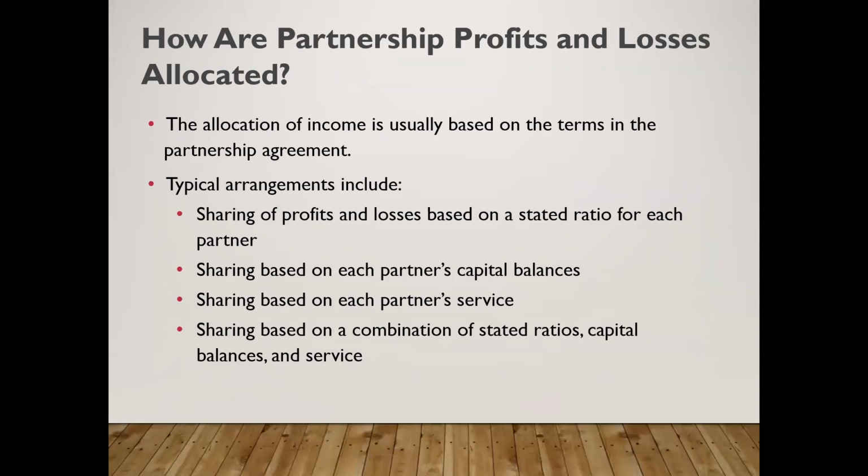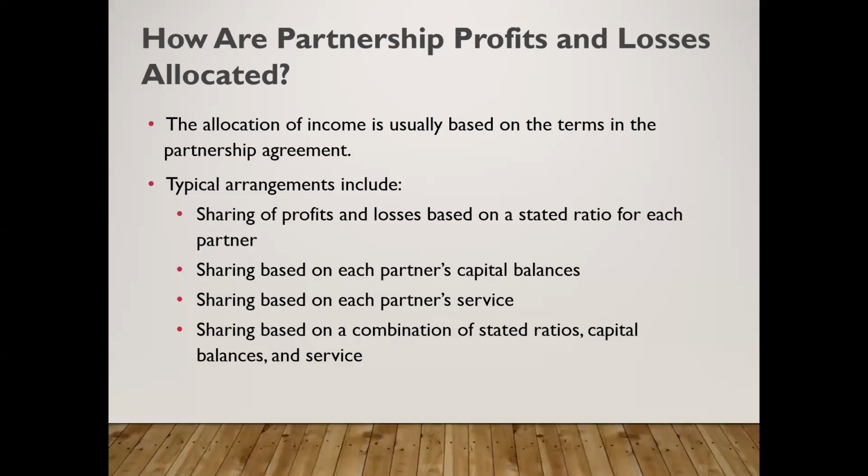Some of the typical arrangements are sharing of profits and losses based on a stated ratio for each partner, such as 50-50 for two partners, or 4-3-3 for three partners, which means first add the parts, 4 plus 3 plus 3, for 10 total parts.